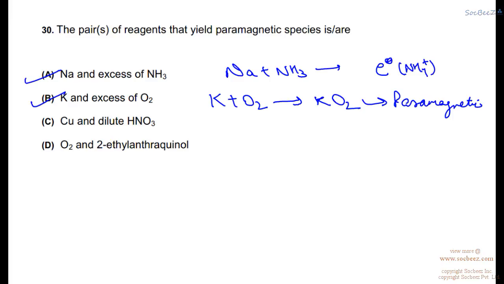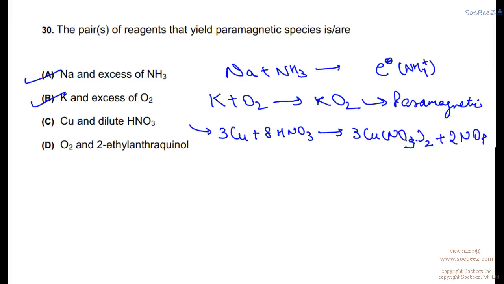In option C, Cu and dilute HNO3: Cu in dilute HNO3 undergoes a reaction like this. 3Cu plus 8HNO3 gives 3Cu(NO3)2 plus 2NO plus 4H2O. Now, here NO is a paramagnetic species. Therefore, option C is the right answer.